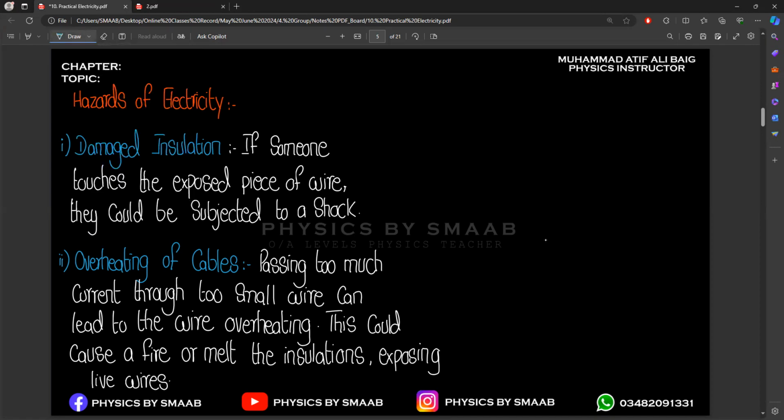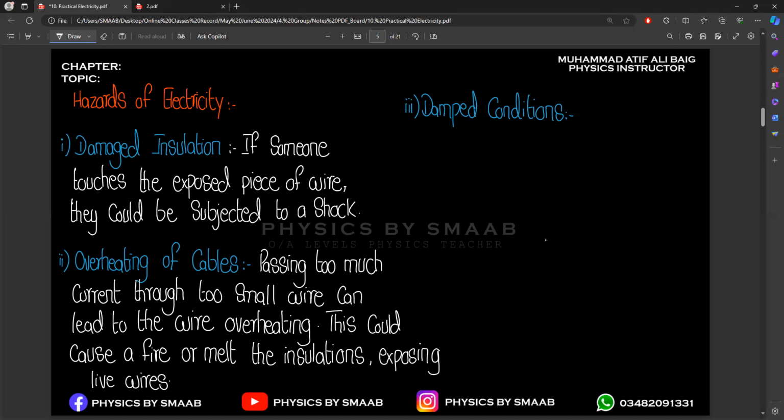related to damp conditions. Definitely, let's suppose your surface is wet, or you are working with some electrical component and you are not standing on a dry surface, or maybe there's some humidity over there, or it is the rainy season.